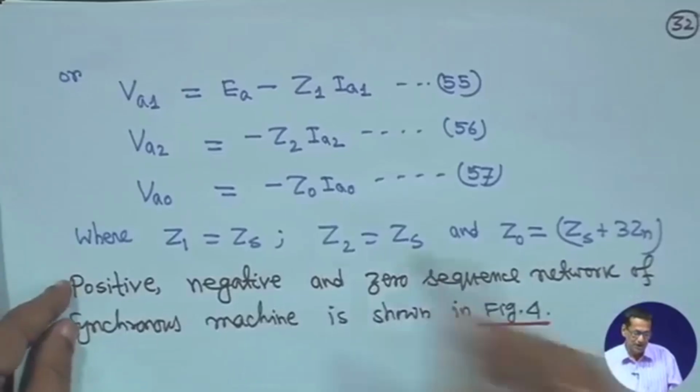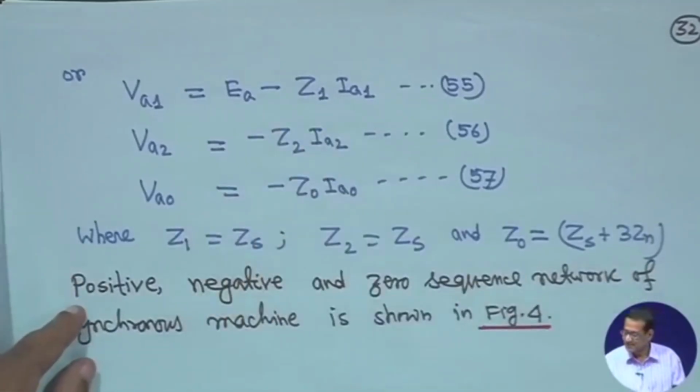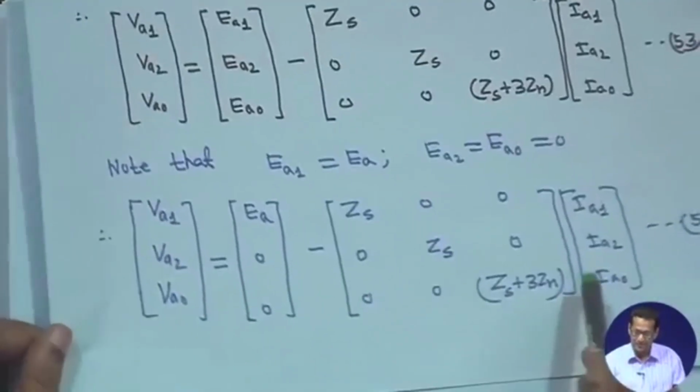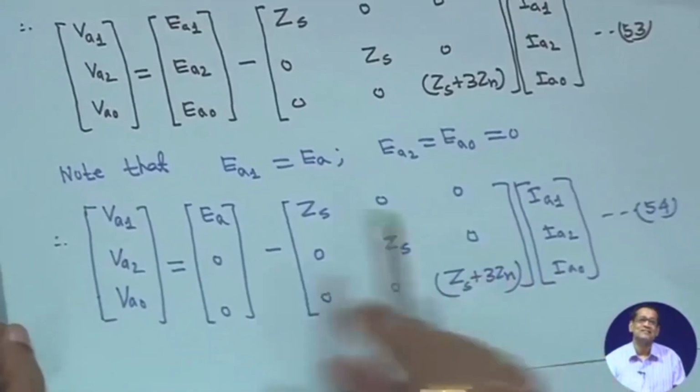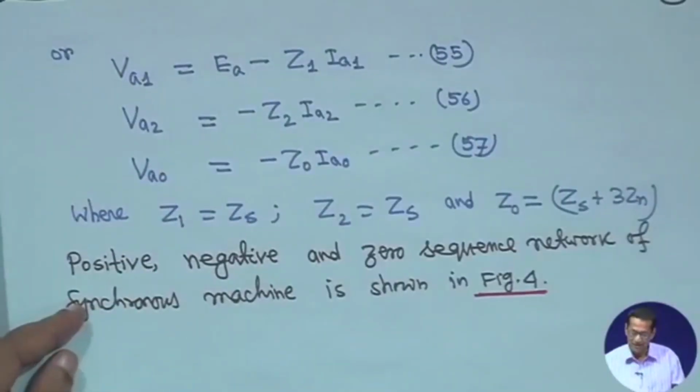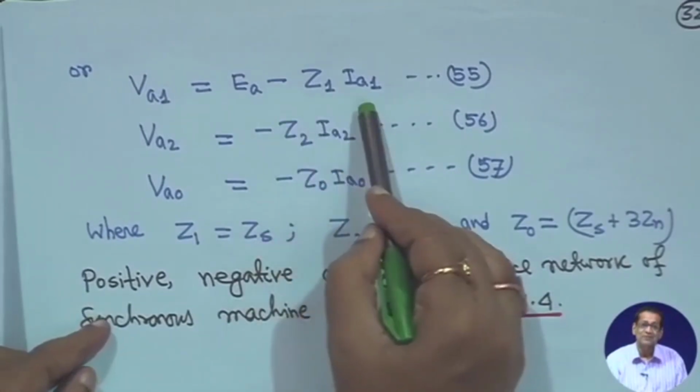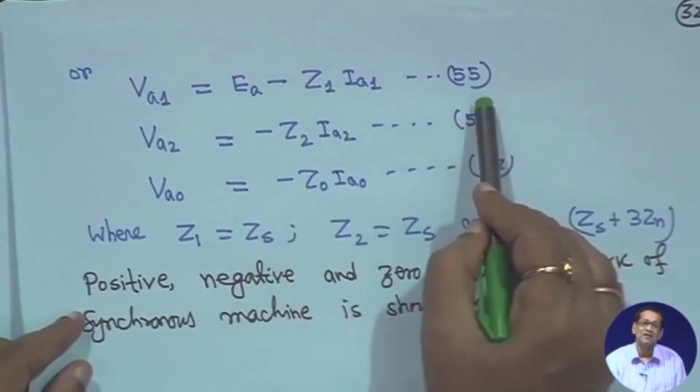That is, Va1 will be Ea minus, from equation 54 we are writing this. Therefore, Va1 is equal to Ea minus Z1 Ia1, that is equation 55.